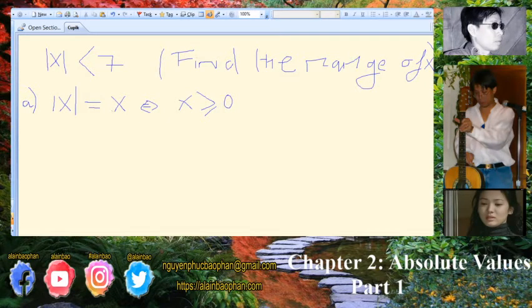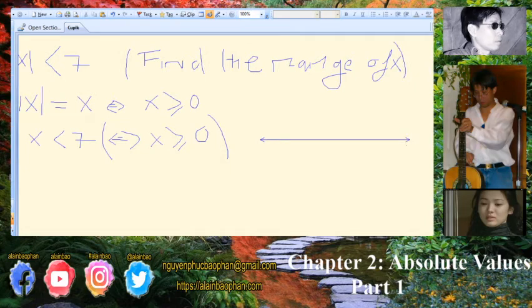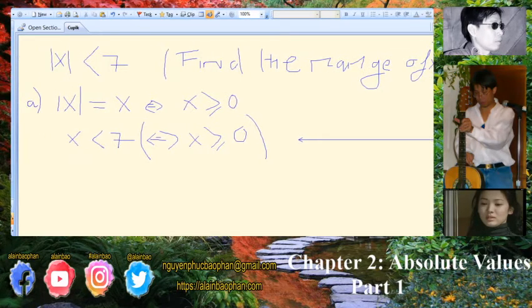Then absolute value of x equals x, so x is less than 7, if and only if x is greater than 0. Okay, so we have this. Let's roll on to the straight line. We have 0 here, 7 here.